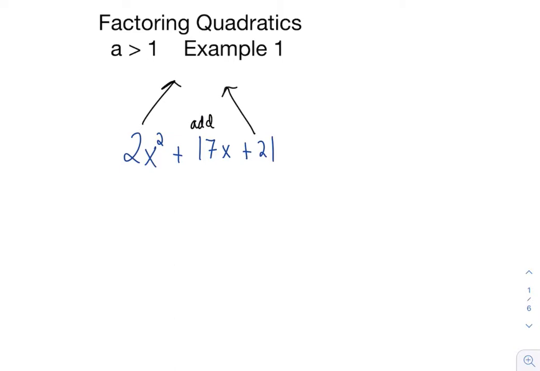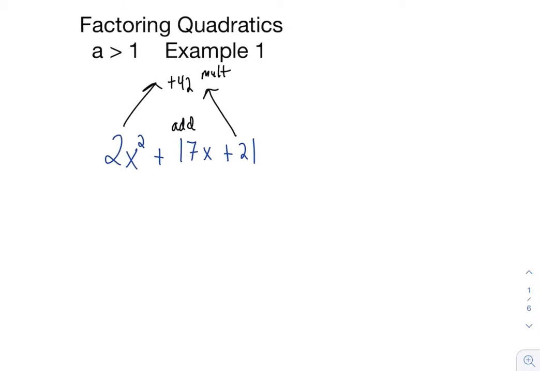We have to multiply the first and last terms together to get a new number. And we want to be aware of the signs here. So it's going to be a plus 42. And that's going to be what we multiply to. Right, so I need to multiply not to that last term anymore, but to the product of the first and last. So we're going to multiply to 42 and add to 17.